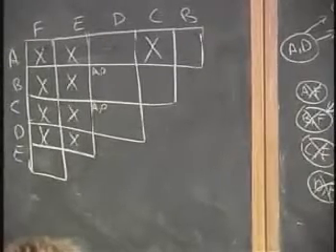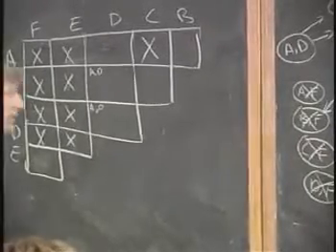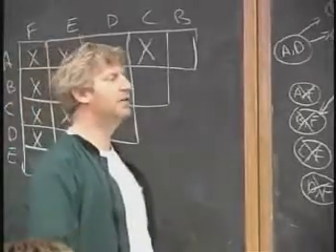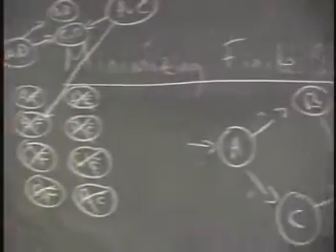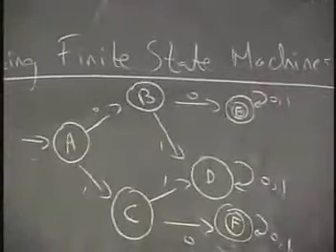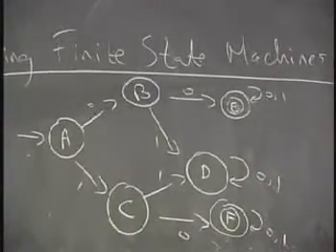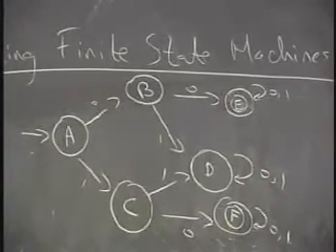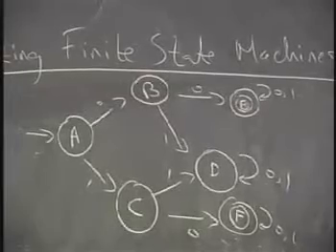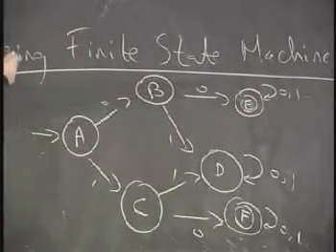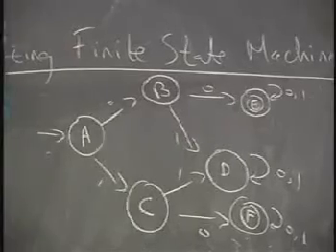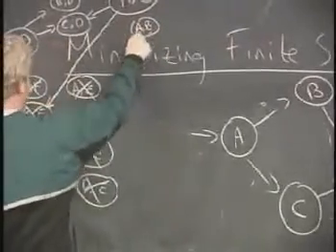All right, how about AB now? BE. Good. BE and a 0. Oh, but look, BE are distinguishable. You said it goes to BE?